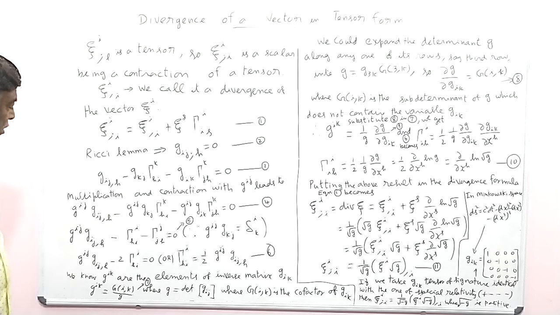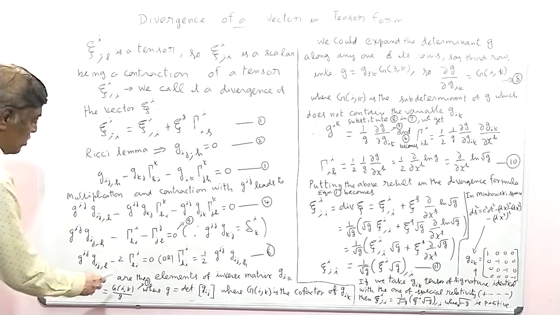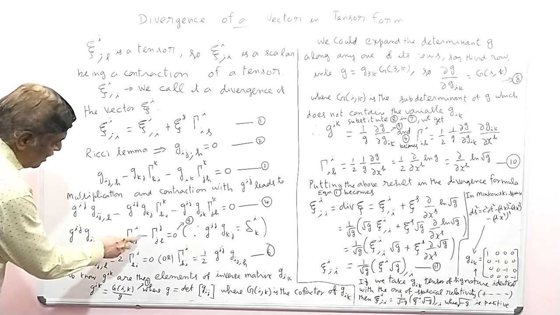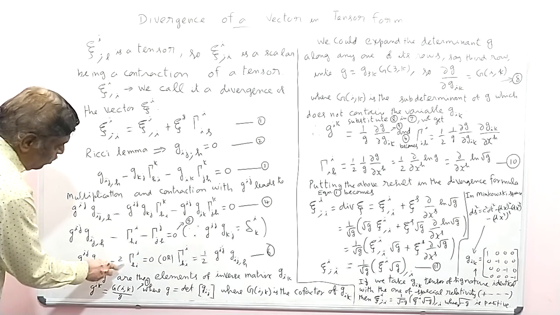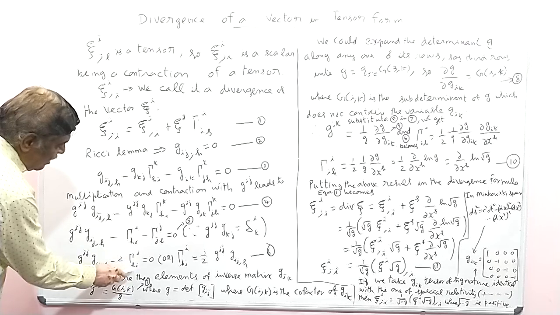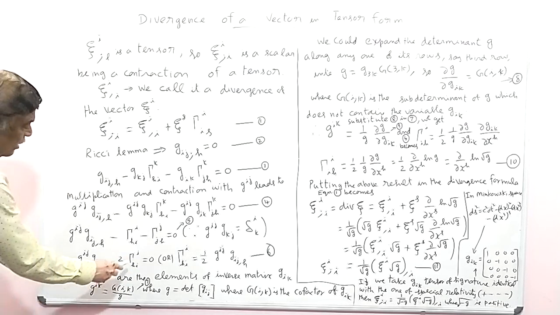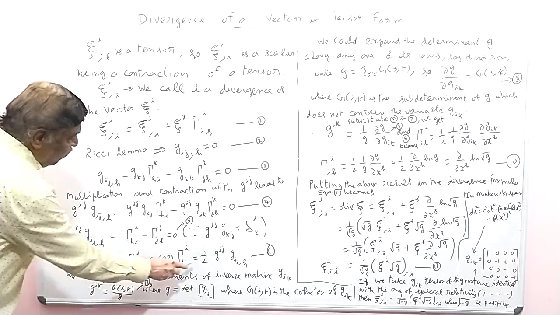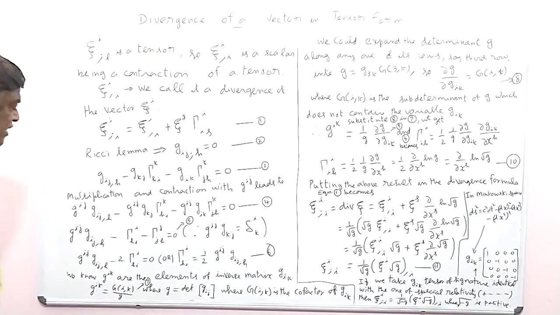Both are equal. They are symmetric. So using this, the first term you can write like this. This and this can be combined to give minus 2 gamma i i h. Or this term alone, gamma i i h, is equal to half of this one. So this is equation 6.